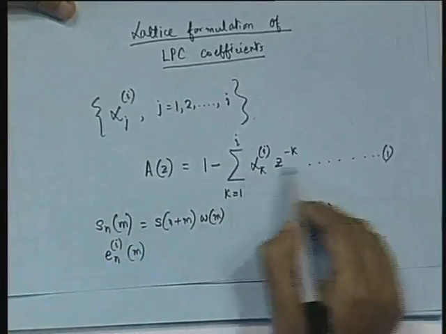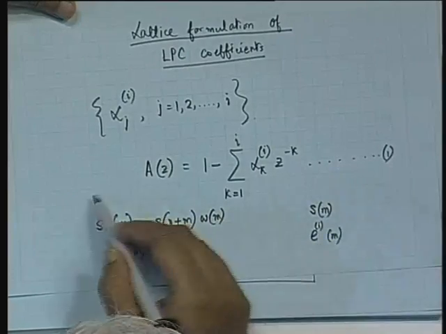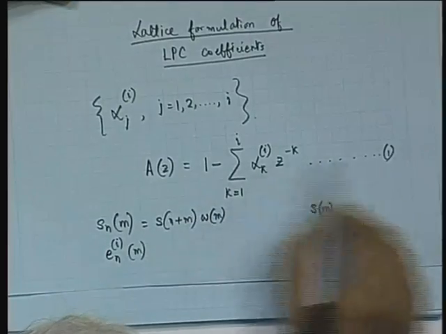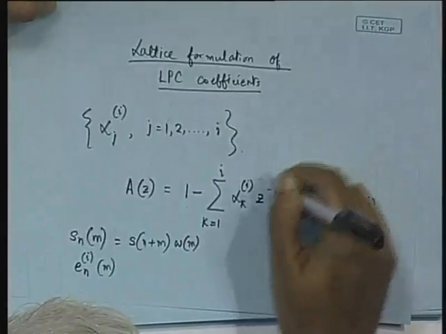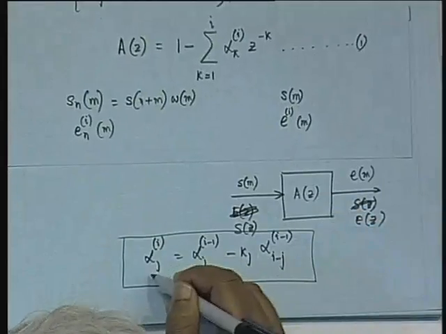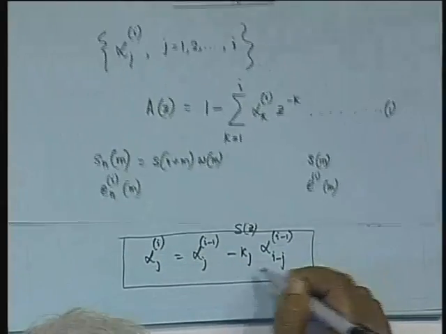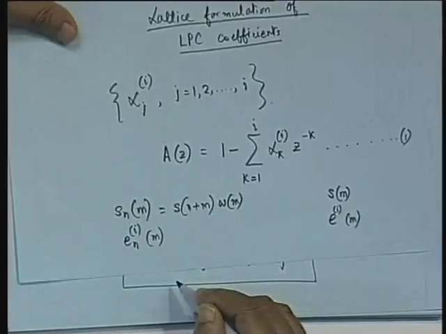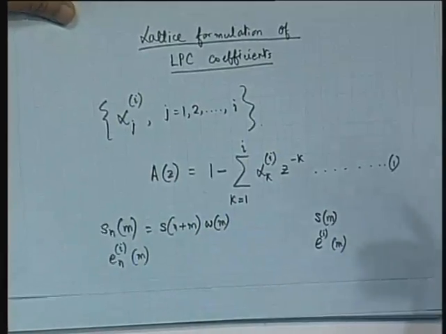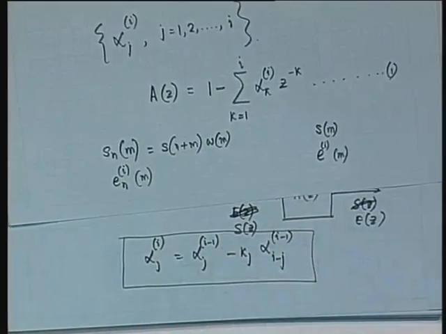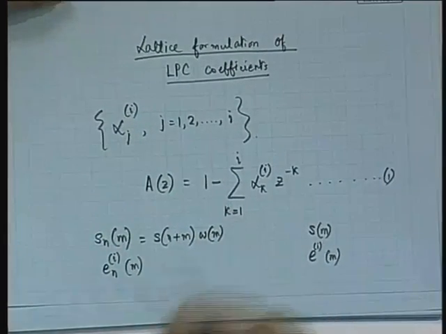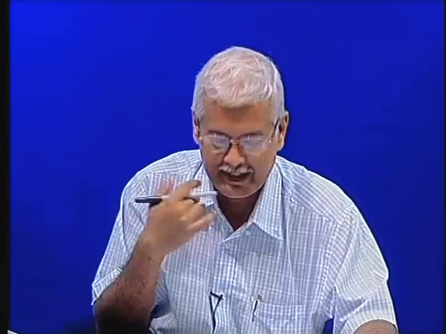Equation number 1 is written in the Z transform form, the filter's Z transform form, but in place of alpha k I we are going to write this expression, which means the ith prediction will be expressed in terms of the I minus 1th prediction and this residual term. That is what we have to do. Although I will not do it in detail, I leave it to you for working.